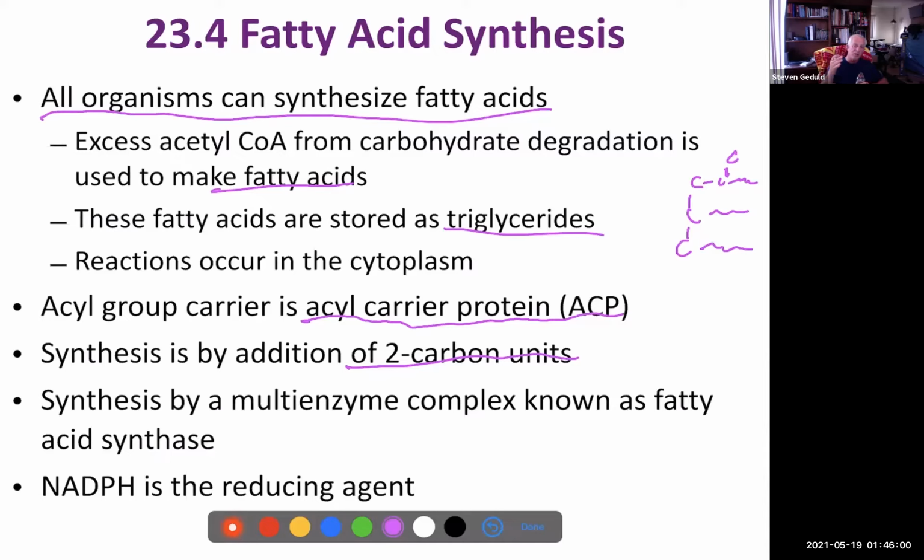Just as we break down 2 carbon units at a time, we add on 2 carbon units at a time. Same thing. Synthesis is by a multi-enzyme complex known as fatty acid synthase. And NADPH is our reducing agent now. It causes reduction, and it gets oxidized. That's a phosphate bond added to NADH, giving NADPH.